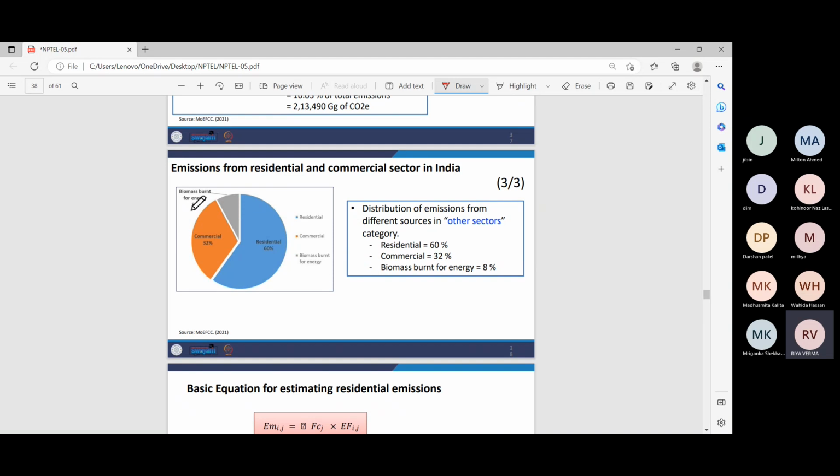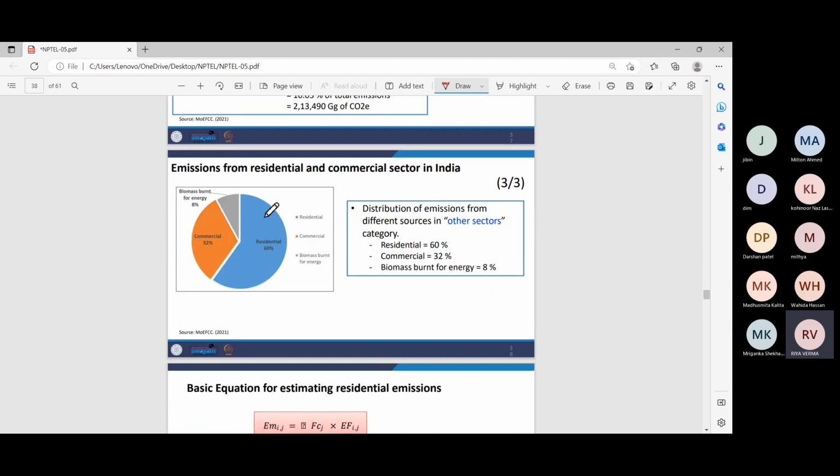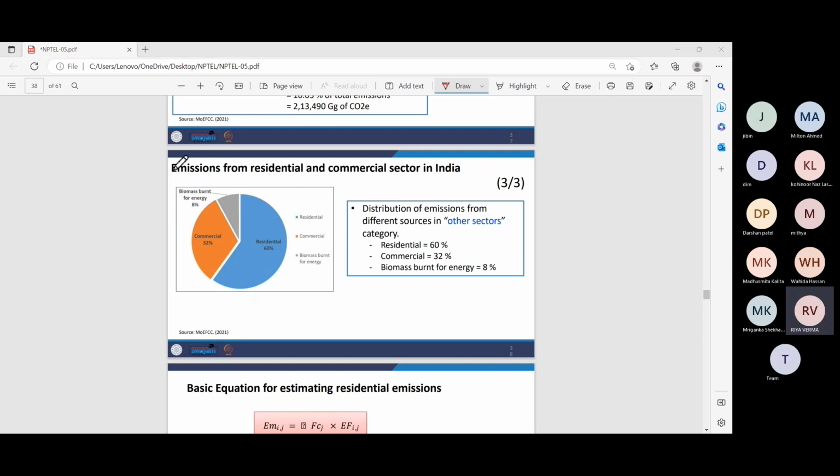So if we look at the distribution of this other sectors category, 60% was from the residential sector, approximately 32% was from your commercial sector, and then 8% of emissions were from biomass that is being burnt for energy needs.